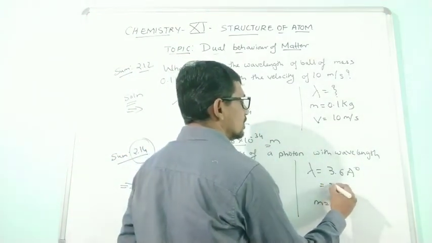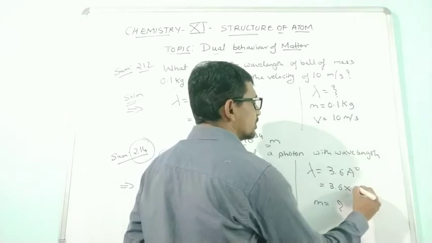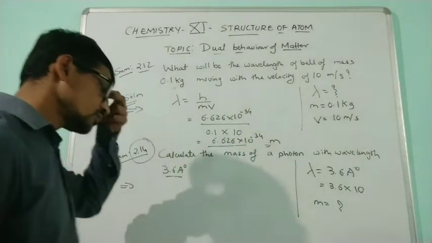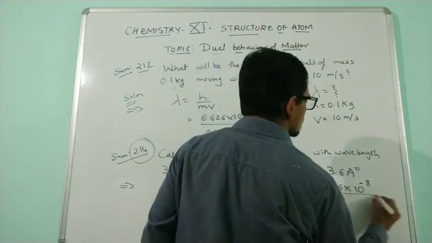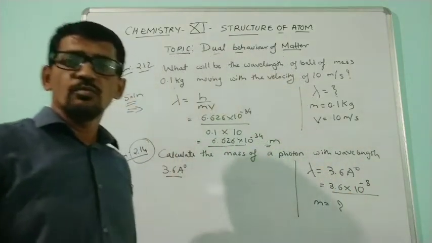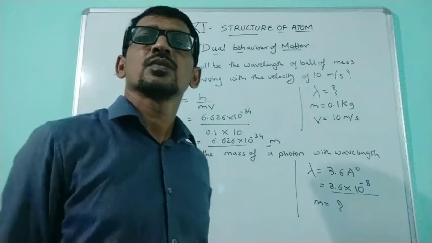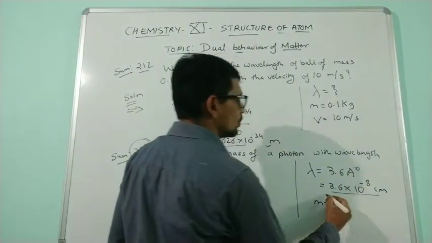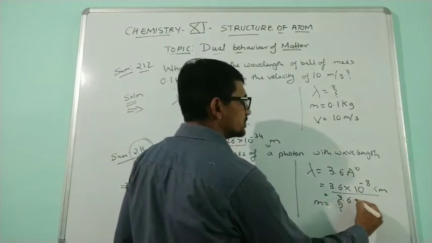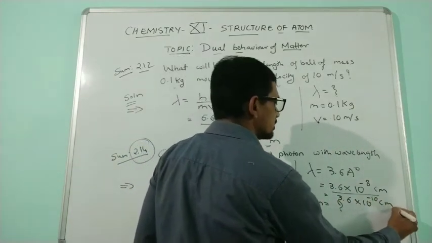Which is equal to 3.6 × 10^-8 centimeter. If you want to convert into meter, then 3.6 × 10^-10.